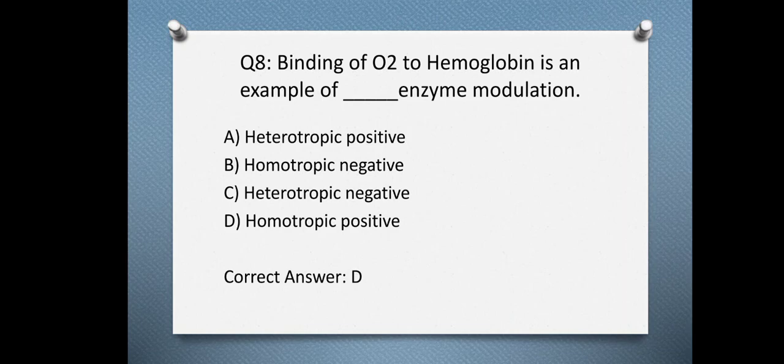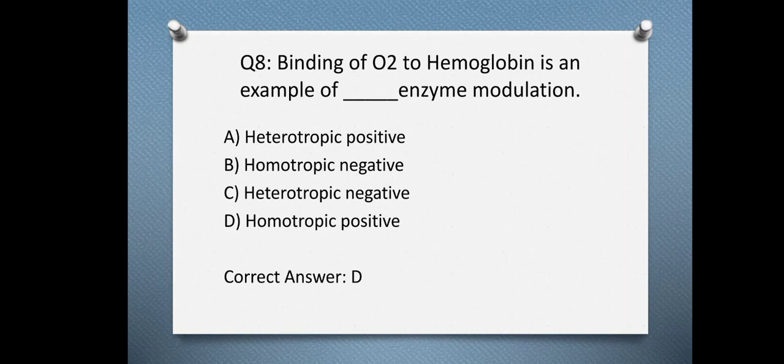The first thing we have to clear is the difference between homotropic and heterotropic enzyme modulation. In allosteric enzyme modulation, if the modulator is the same as the substrate molecule, meaning the substrate itself acts as a modulator, this type of modulation is called homotropic. And if the substrate and modulator molecules are different, this type is called heterotropic.